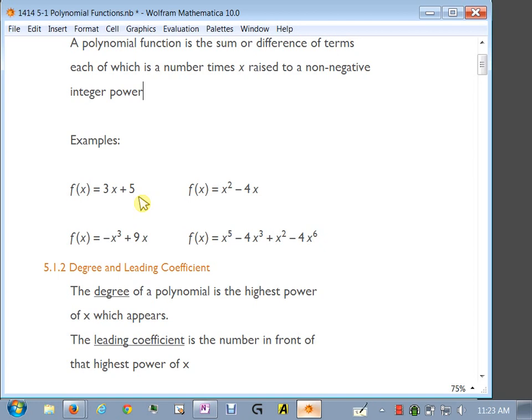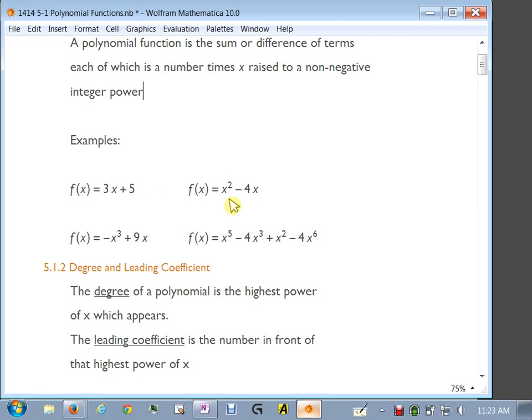Now it's not written, but would you agree that 5 is the same as 5 times x to the 0, because x to the 0 is a 1, and 5 times 1 is 5. So that does satisfy that each term does have a power of x in it. We just don't write it if it's that.